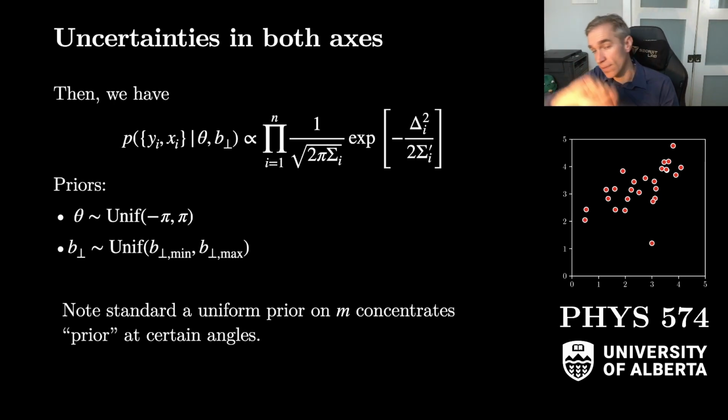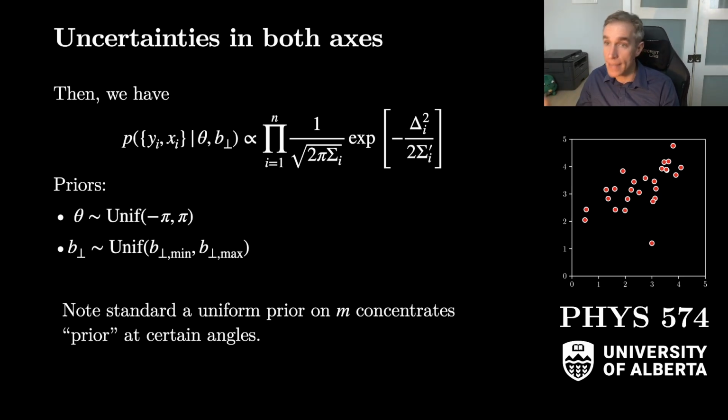And then using the fact that it's a one-dimensional Gaussian, you can describe the probability of drawing the points y and x from theta and b perp, which is the b cos theta term that I was using earlier, as just a Gaussian probability distribution function with the delta term taking the place of the offset, and sigma I as the new variance term.